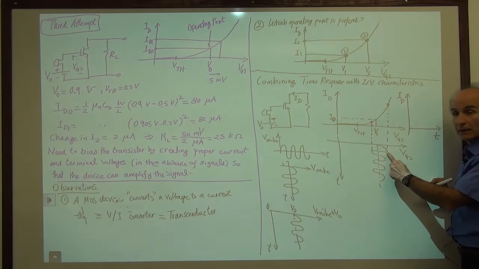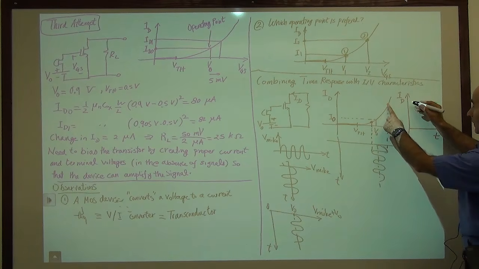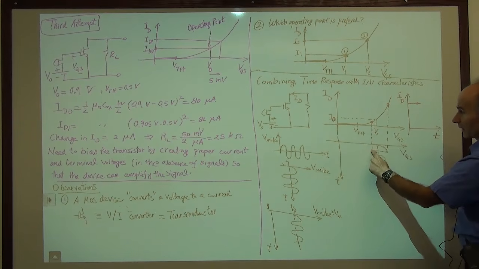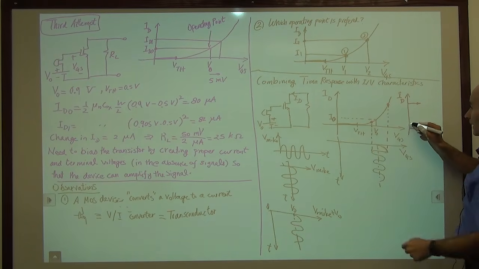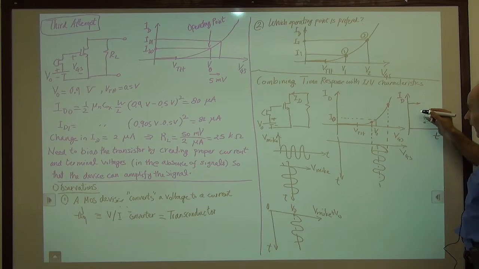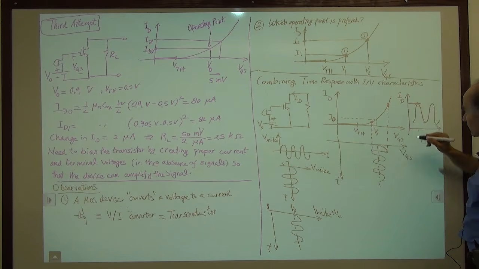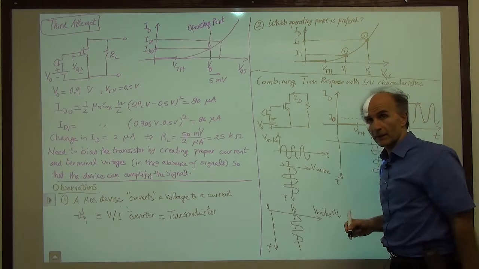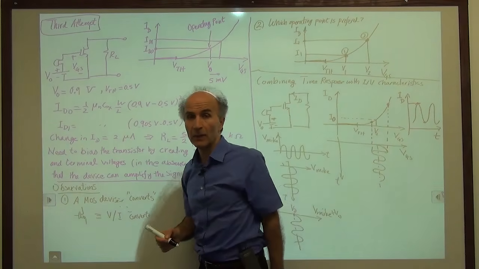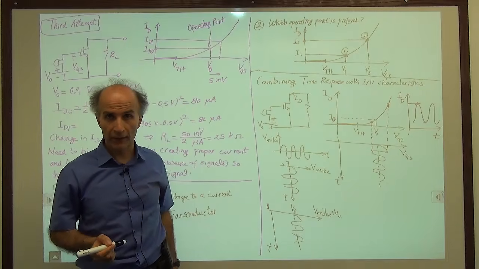For this peak, I got this much current. So that's the current that I get here. For this peak, I got this much current. That's the current I get here. And in between, I have something in between, right? So that's the approximate behavior of the drain current as a function of time.